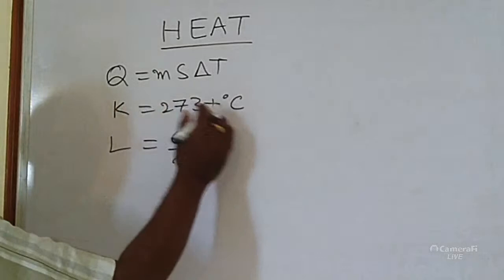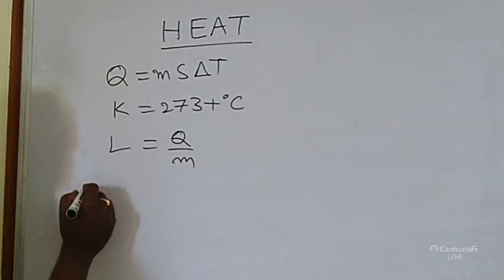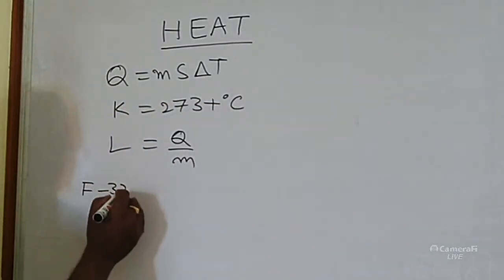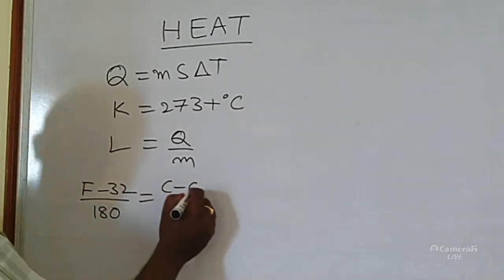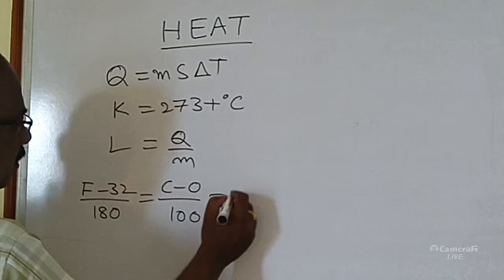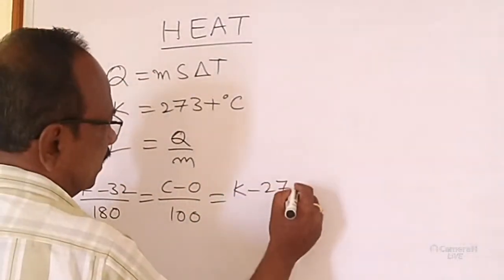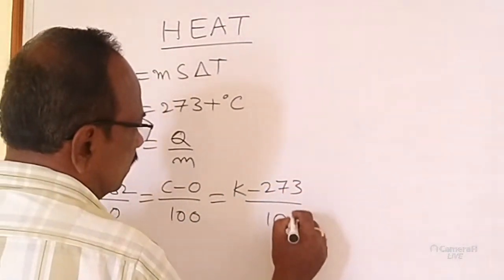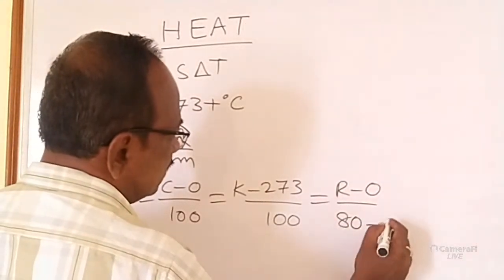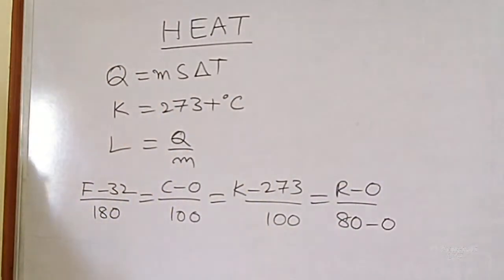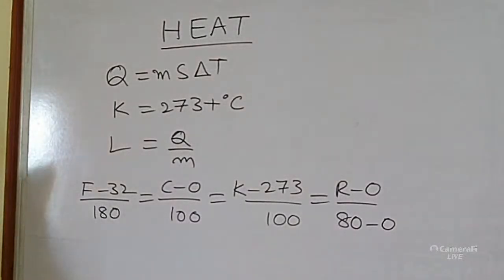So here 4 formulas will come. That means (F minus 32) by 180 equal to (C minus 0) by 100, that equal to (K minus 273) by 100, that equal to (R minus 0) by (80 minus 0). So this one is one more formula.